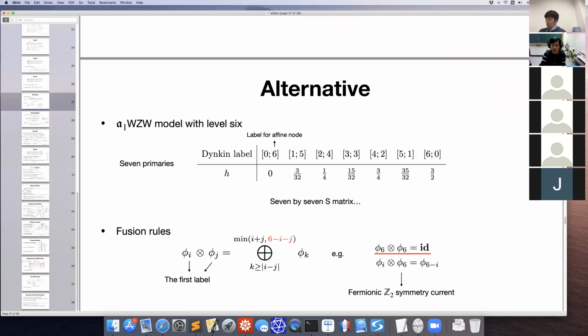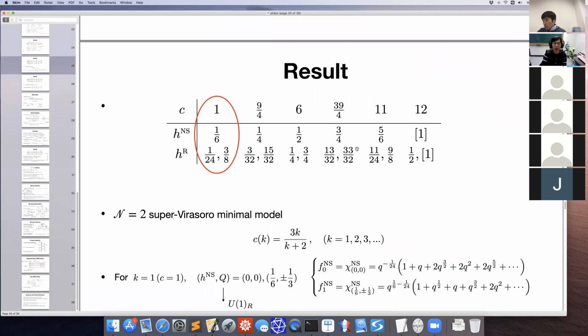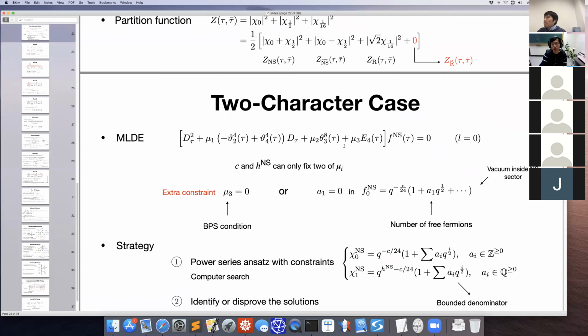I would say it could exist, because even though we found 6 families, we imposed constraints on the coefficients. So in some sense, we are only looking at some corner of the whole landscape of fermionic MLDE. It could be possible that there's some family with only N=1 super conformal symmetry.